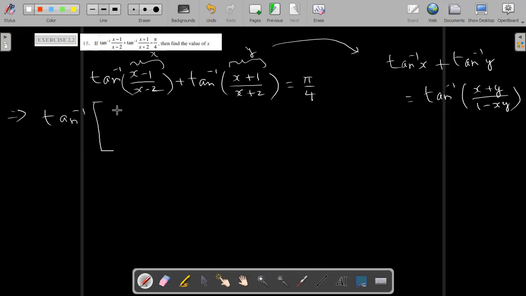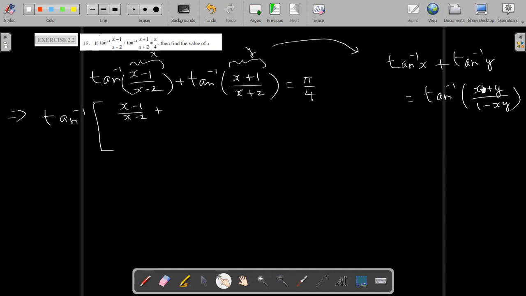So we have x as (x minus 1)/(x minus 2), and plus y. Y is this one value, and x is all this one value.